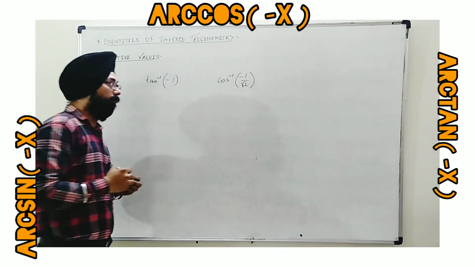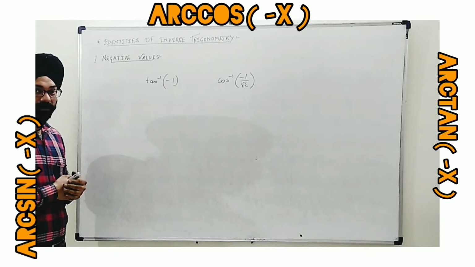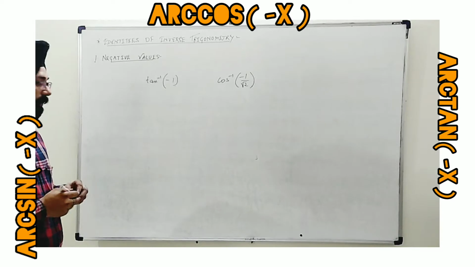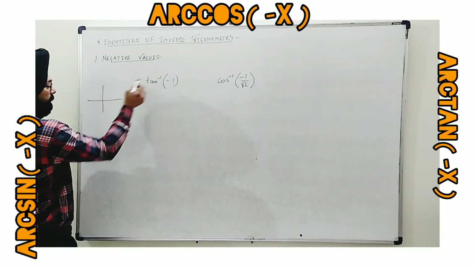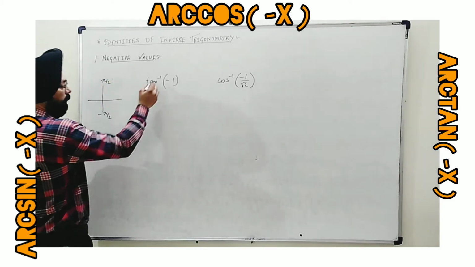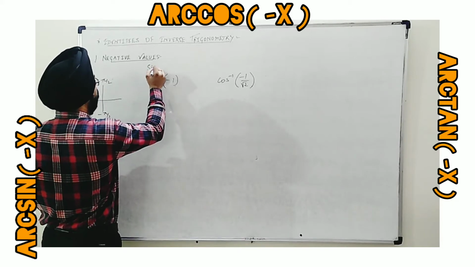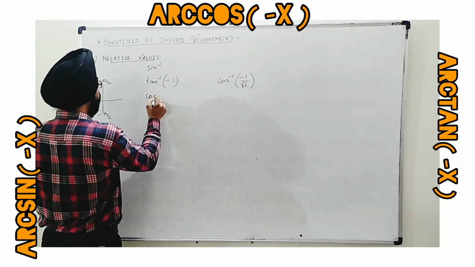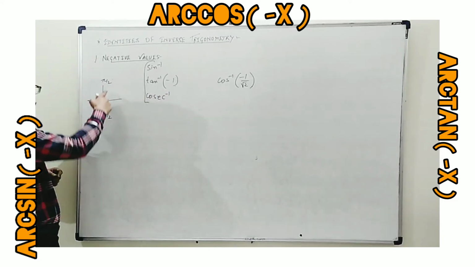in this also I show the principal branch as 0 to pi, and then we find it out. By the way, with our experience, for the group of tan inverse, the principal branch ranges from minus pi by 2 to pi by 2. There are three inverse trigonometric functions in this group: sine inverse, tan inverse and cosec inverse, which range from minus pi by 2 to pi by 2.